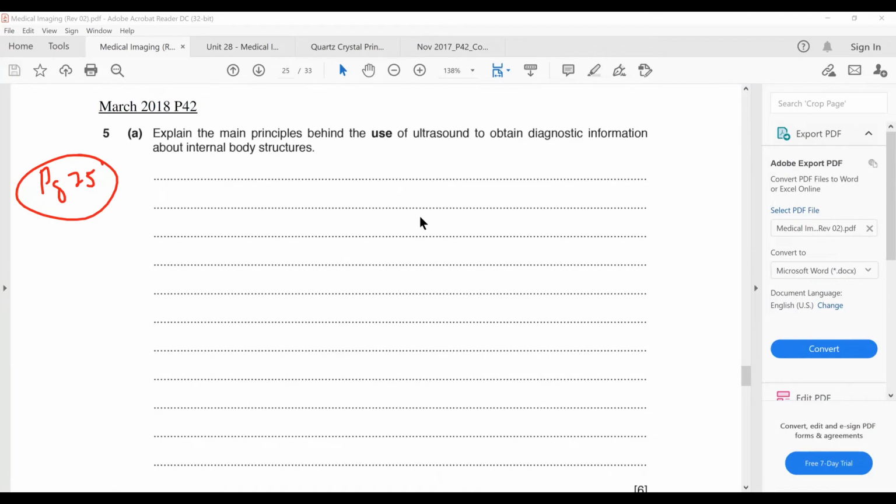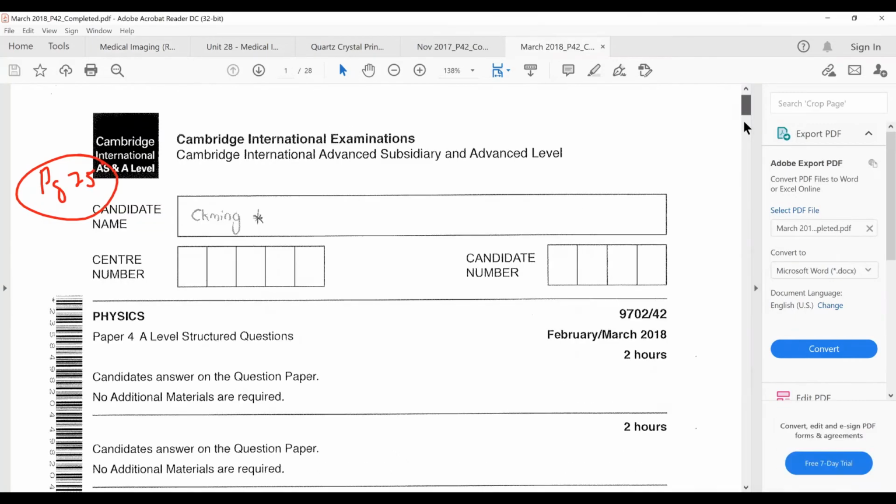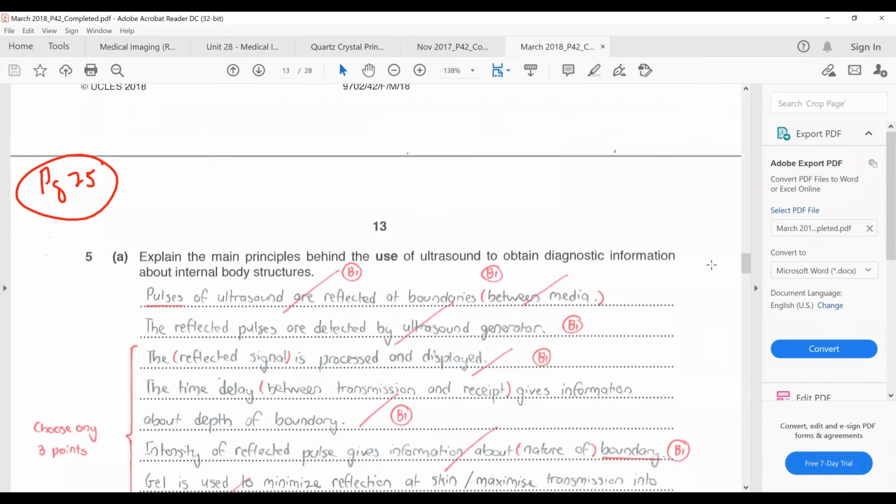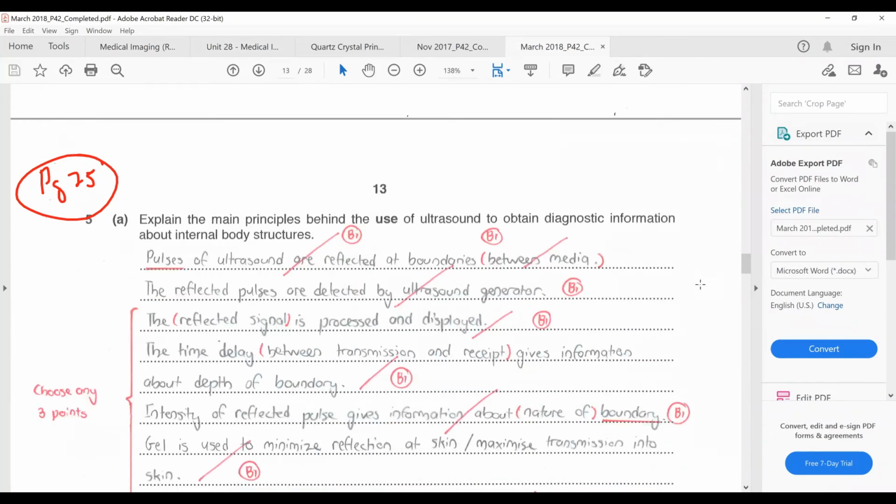This is March 2018 P42, Question 5. Alright, so explain the main principles behind the use of ultrasound to obtain diagnostic information about internal body structures.